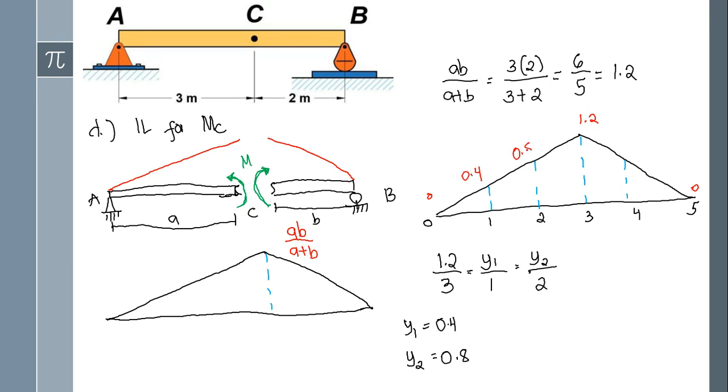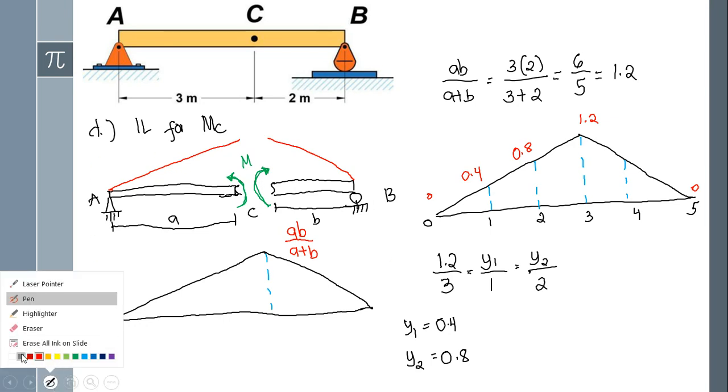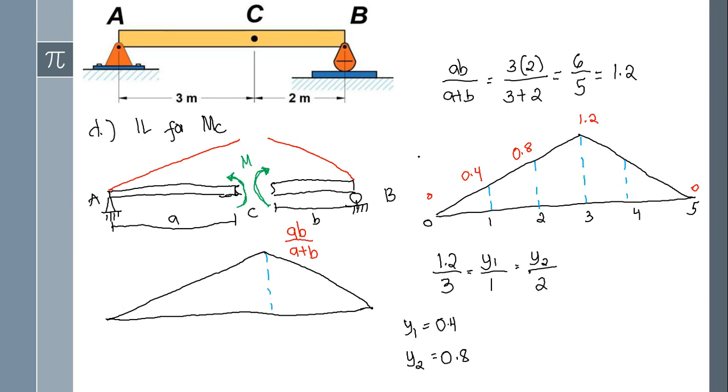0.4 and 0.8. Now the last ordinate to solve is y4, which is in the triangle on the right segment. The ratio and proportion is 1.2 over the base of 1.2, from 3 to 5, which is 2, equals y4 over its base, which is 1 meter, from 4 to 5.